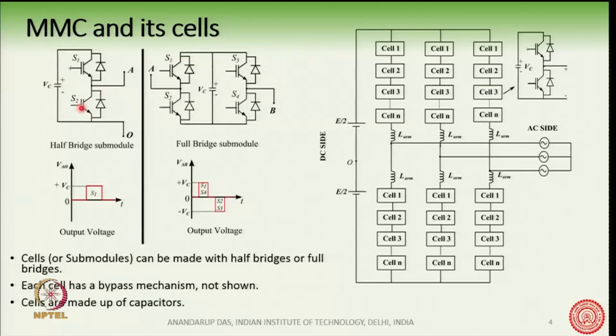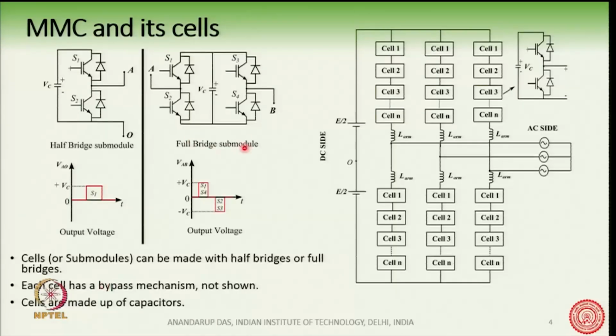If I turn on S2, then VAO is equal to 0, and this is shown here in this waveform. If I turn on S1, the capacitor voltage Vc is obtained at the output VAO, and of course, if I turn on S2, then I do not get any voltage.